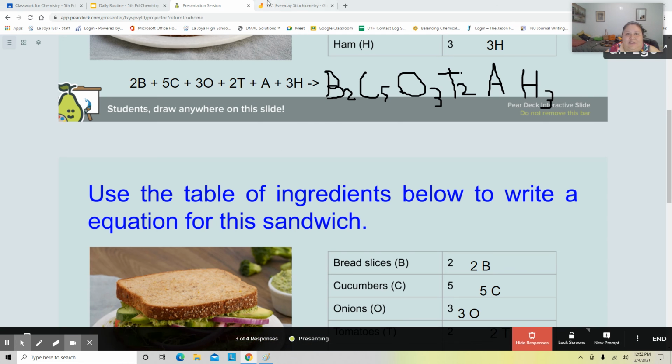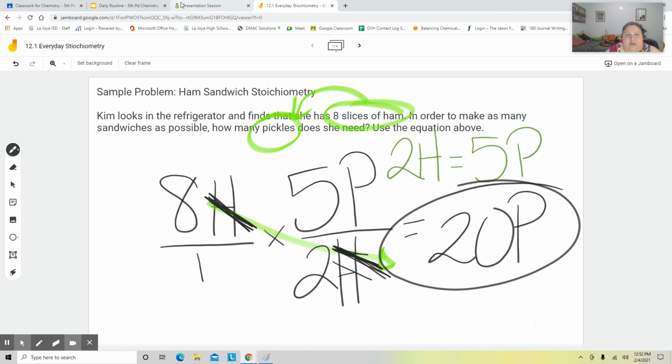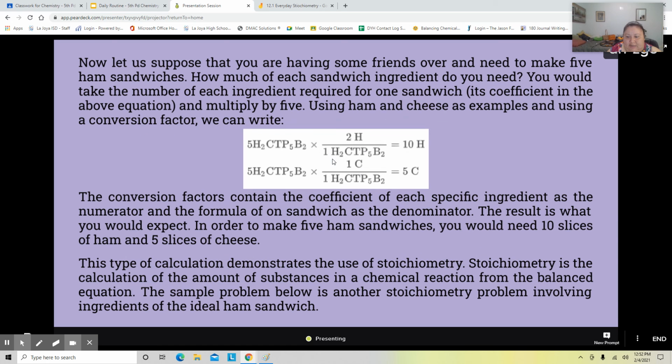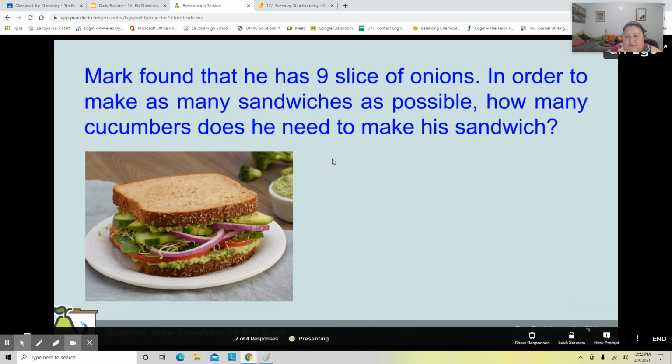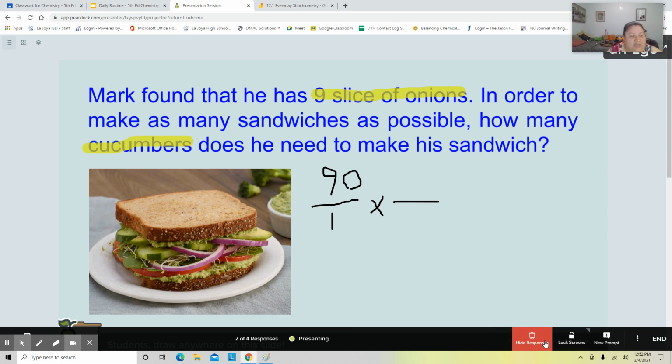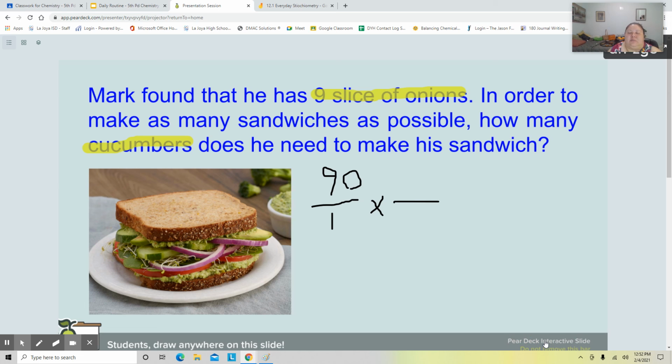Okay, very good. So we're going to go back into the other pair deck, and we're going to use that conversion that Alexia put in the chat. My question to you is, where do onions need to go? How do I cancel onions? Is it going to go on top? Top or bottom?